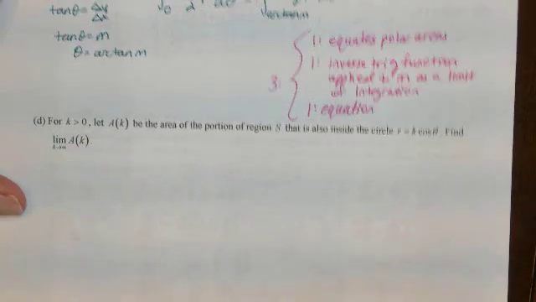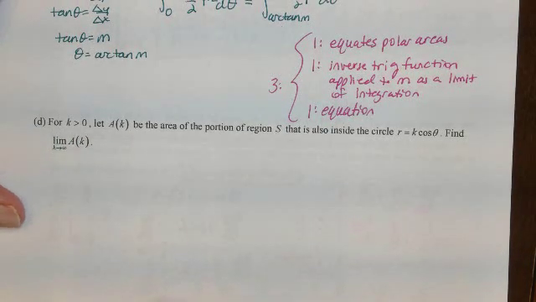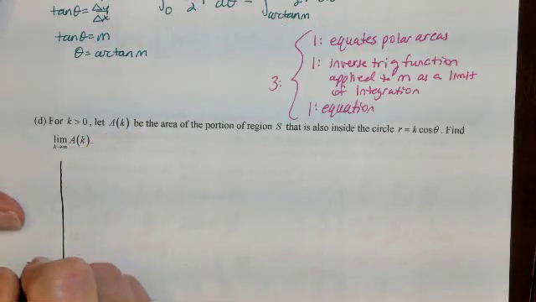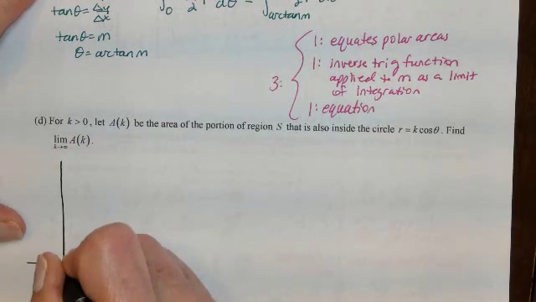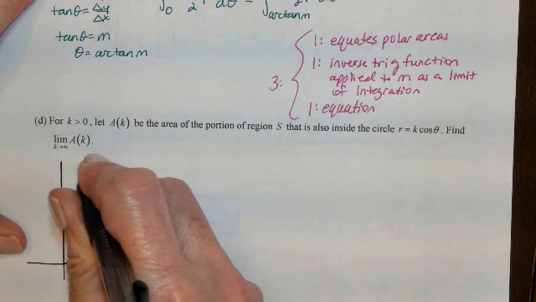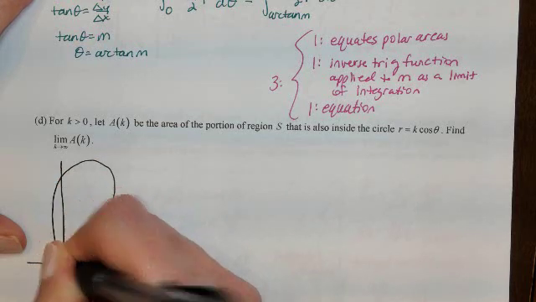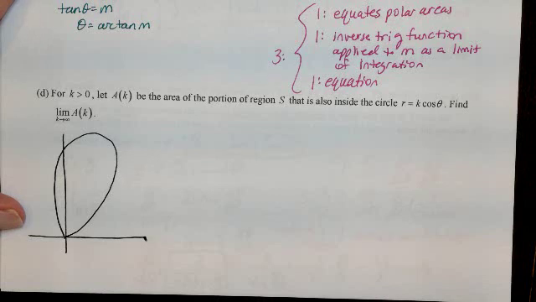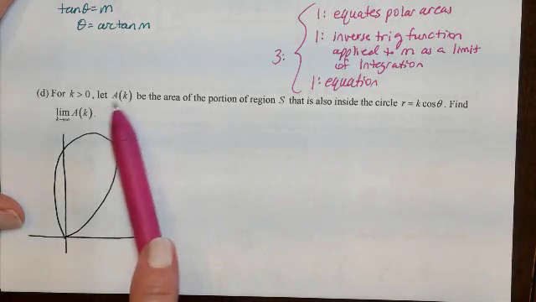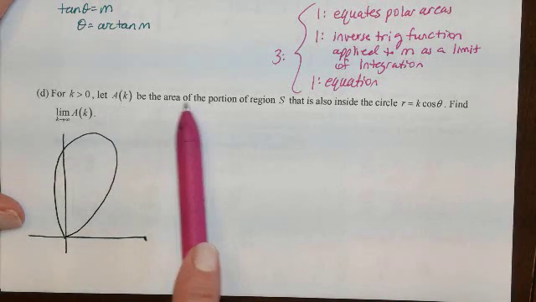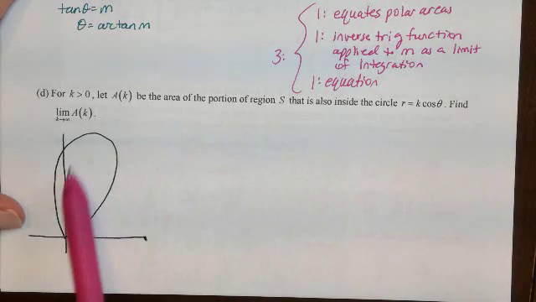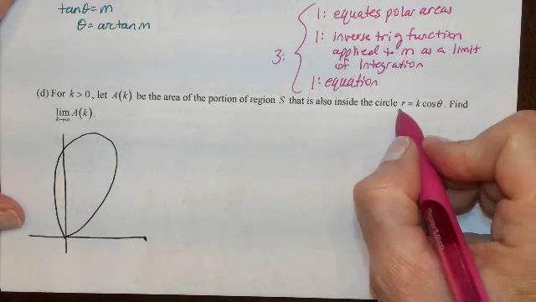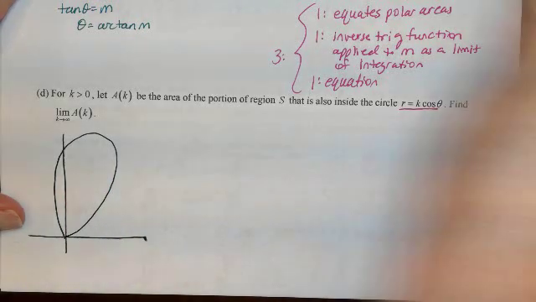Let's see if we can break this down. Let me redraw this curve so that I can stay down here. Something like that, right? It says that we want to let A of k be the area of the portion inside S, which is inside here, and also inside r equals k cosine theta.